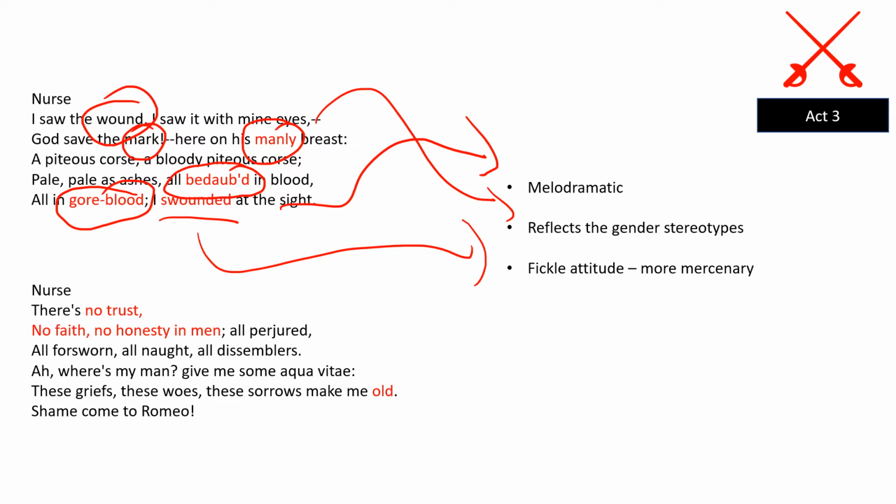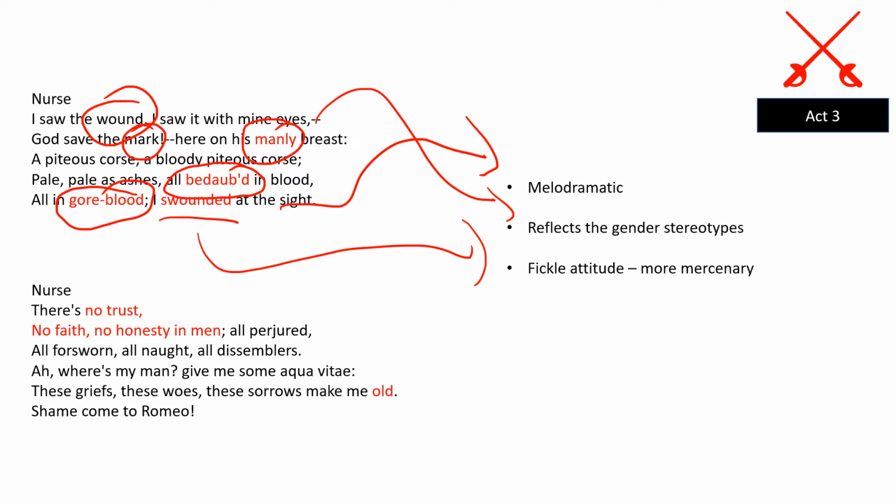Now, the other thing that we have in Act 3 is really how she changes. We get the sense in Act 1 of how she views Paris, and she describes Paris as being very, very attractive, and she focuses on the physical aspects of him. But then Romeo turns up, and in Act 2 she's talking about how attractive Romeo is.